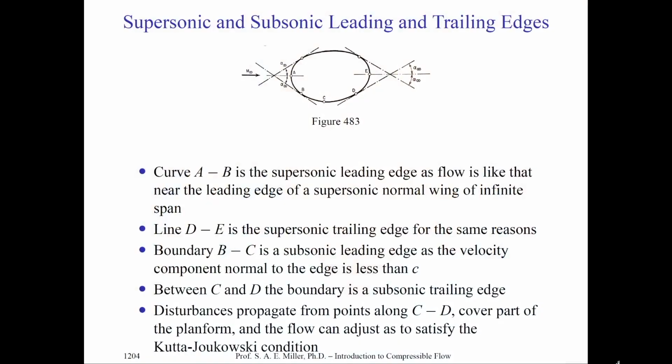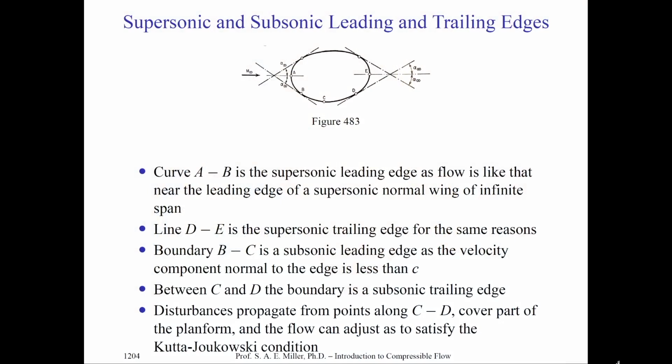The supersonic leading edges should always have a sharp edge to avoid large pressure drags due to, of course, detached shocks. And so in a low speed or moderate speed supersonic vehicle, it's important to have sharp edges, unlike the subsonic case. Now we can illustrate this through a particular figure, figure 483.